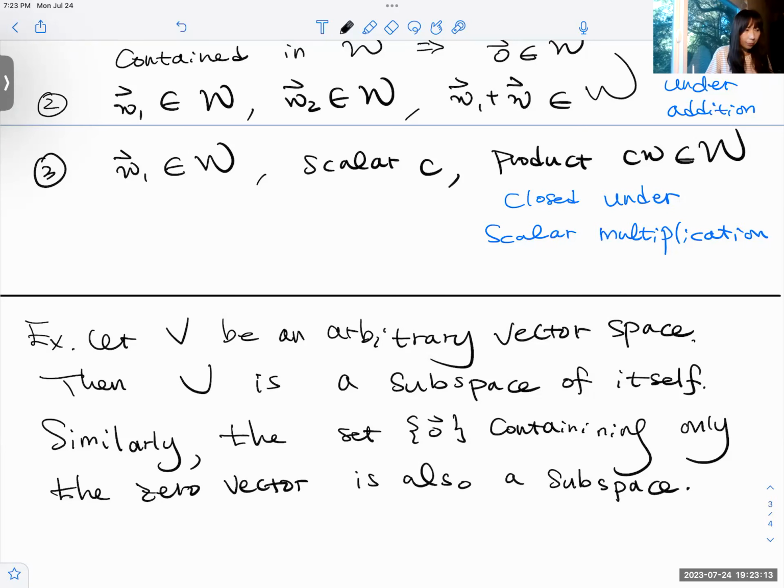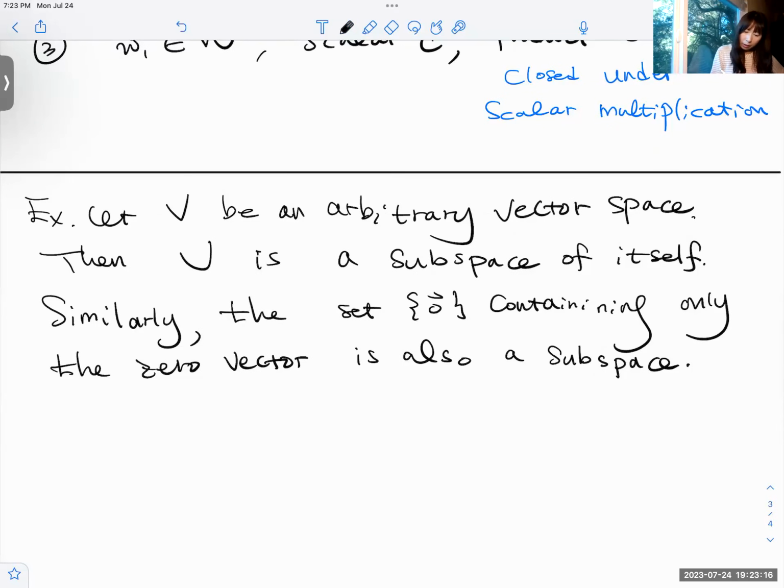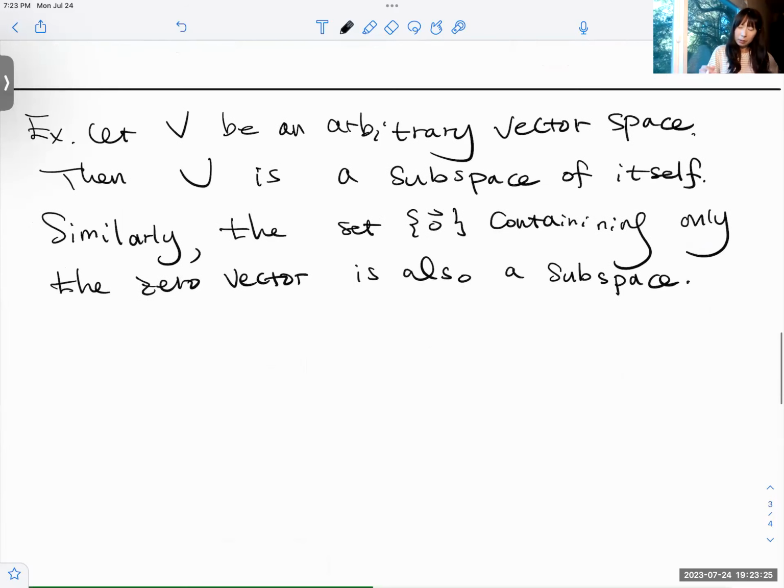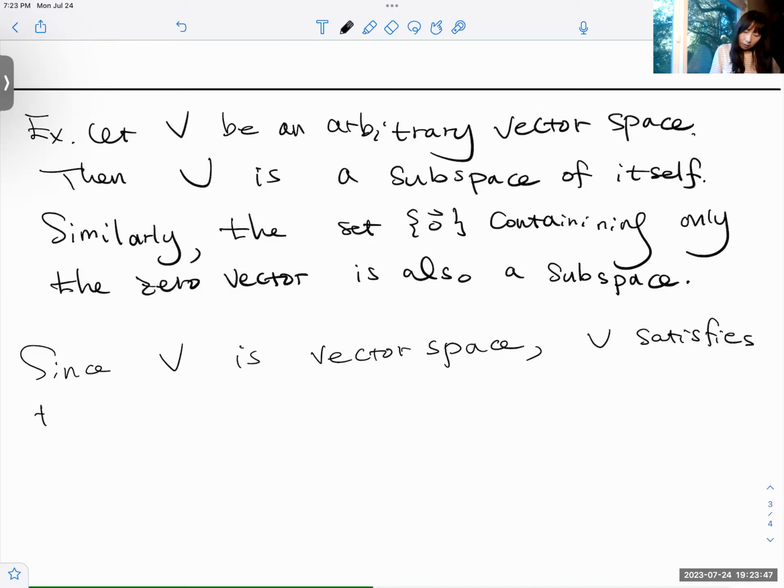Look, the vector space V, since it is a vector space, satisfies all the 10 vector space axioms.